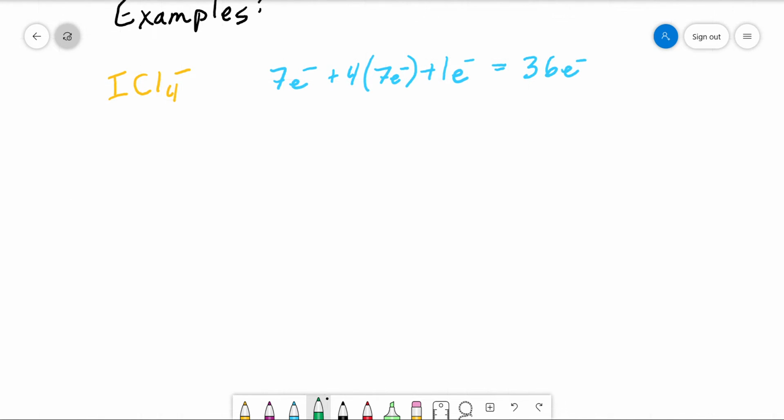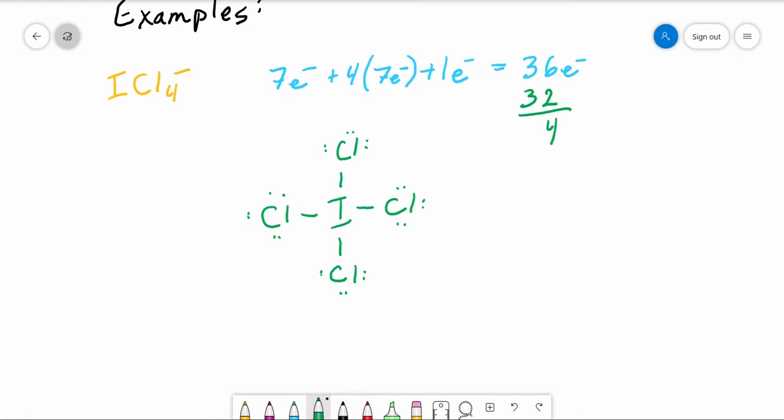Okay, so, oops, put down my iodine. And my 4 chlorines. And distribute the remaining electrons around. Okay. And that you'll find is 32 electrons.